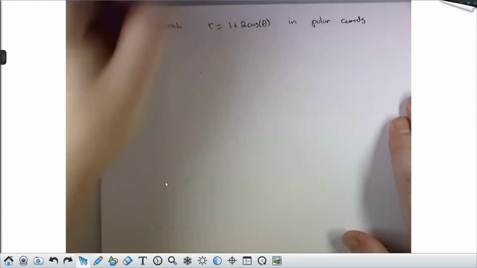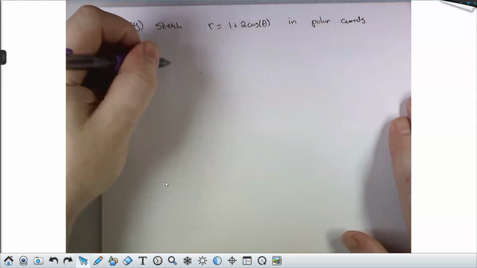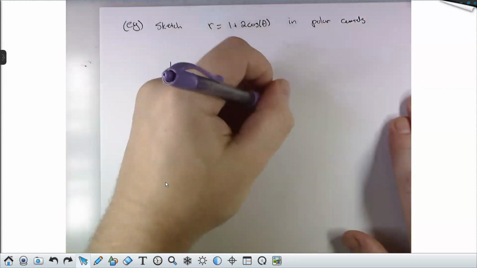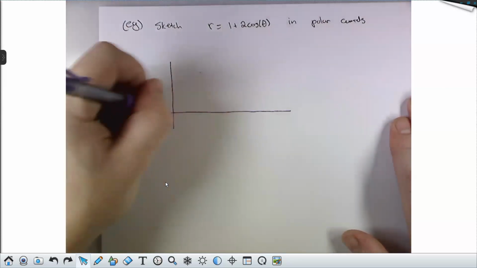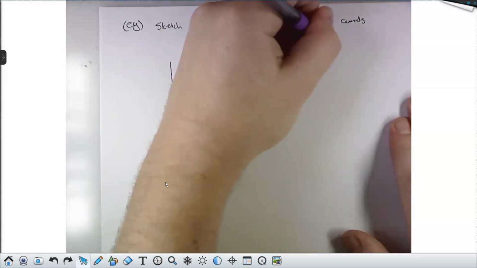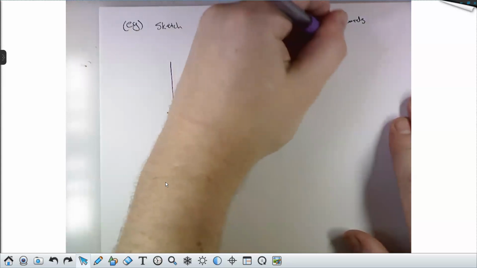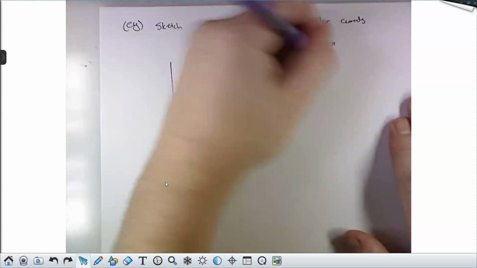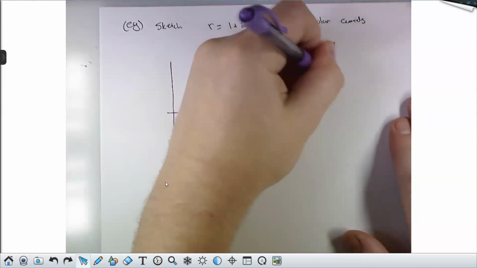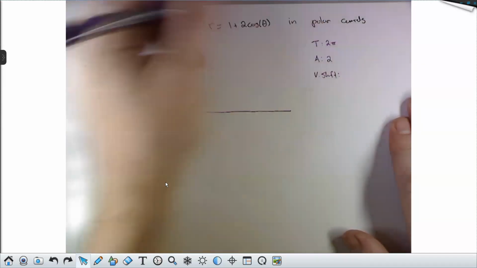Let me draw a rectangular coordinate system. My period, T, is still 2 pi. My amplitude, A, is 2. And my vertical shift here is up 1.